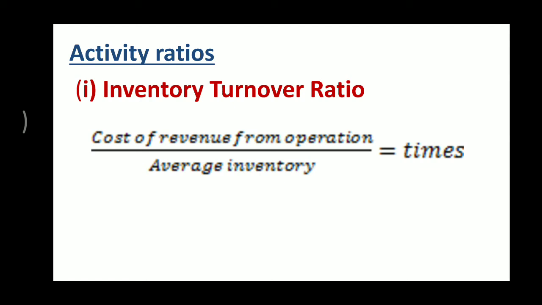Suppose the inventory turnover ratio is 10 times, that means throughout the year we are able to sell our inventory 10 times. That conclusion we are getting from here.